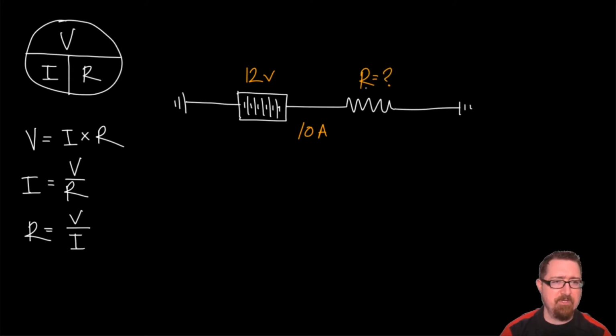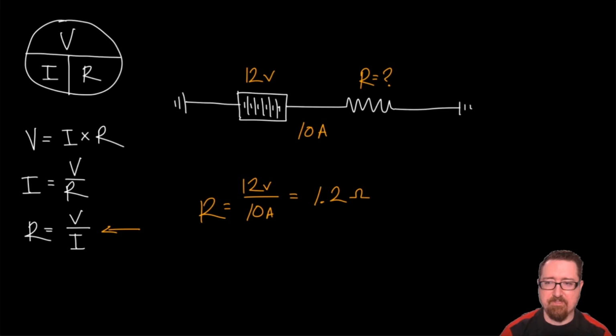So because we're trying to figure out R, we're going to want to use this particular formula here. So we would say R equals 12 divided by 10, and that would then equal 1.2 ohms. So pretty straightforward in that regard.